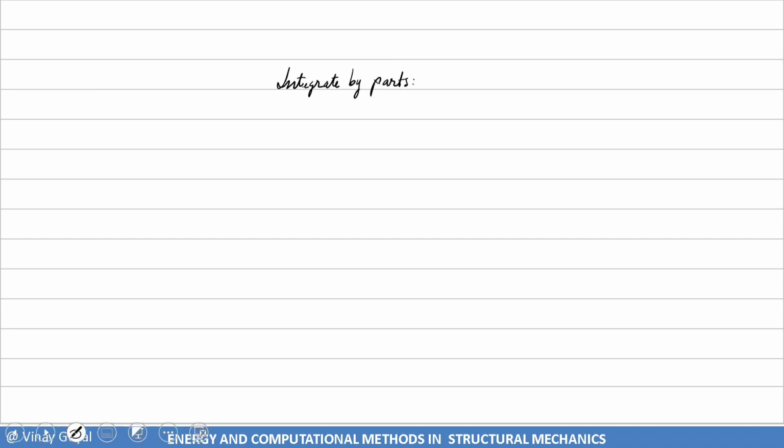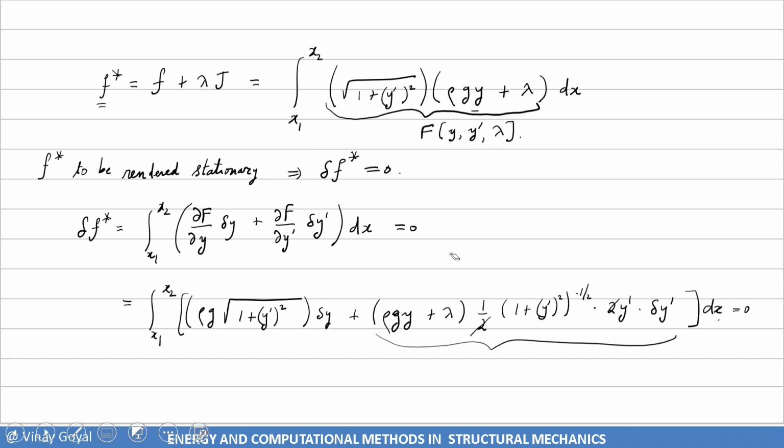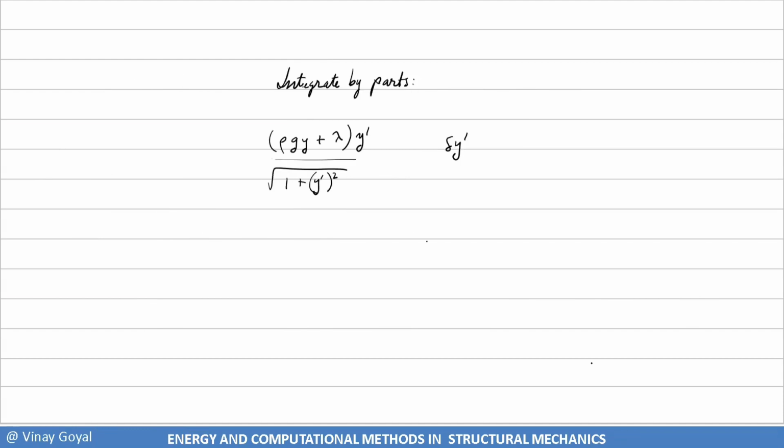When you integrate this by parts, on the left side you have rho g y plus lambda, divided by the square root of 1 plus y prime squared, with a y prime here and a del y prime here. I've basically rearranged all the terms in a nice way. You can see that happening right there. All these terms have been accounted for very nicely, and we're in good shape.